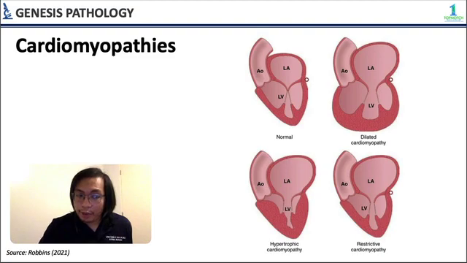Pwedeng acquired yan, no? Pero when we discuss cardiomyopathies, especially your hypertrophic cardiomyopathy, we talk about the genetic causes. That's your hypertrophic obstructive cardiomyopathy. And the genetic cause, that is a very important, very important buzzword for your boards, is your mutations in the beta-myosin heavy chains.